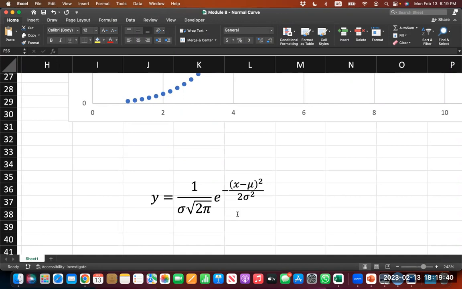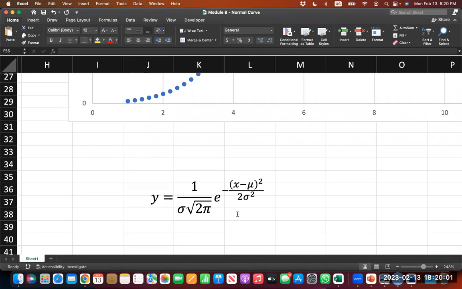Essentially what it entails is it gives you a y value on the y-axis, on the vertical axis, the ordinate, that basically is determined by sigma, which we know is the standard deviation. It's further characterized by mu, which is the mean.